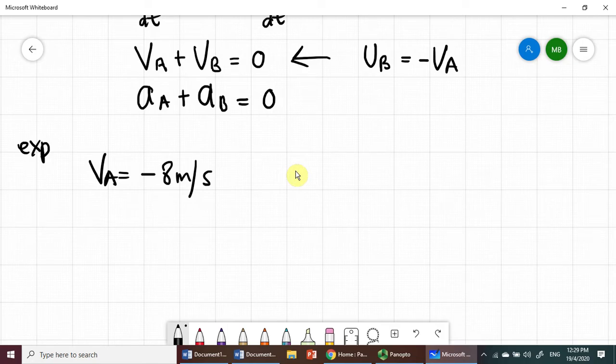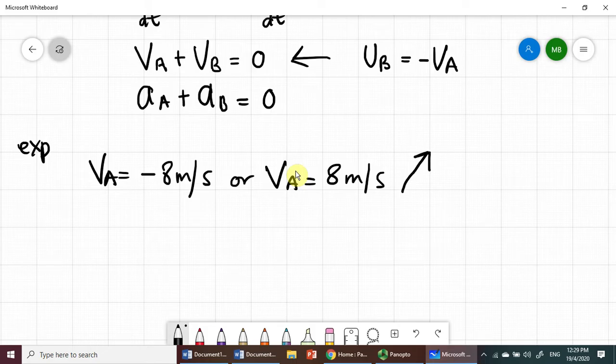So you can write VA equals 8 meters per second going upwards. It's just an assumption that you made earlier, but if you get the answer to be negative, it means the earlier assumption was wrong, and it will be the opposite direction. So nothing to worry about.